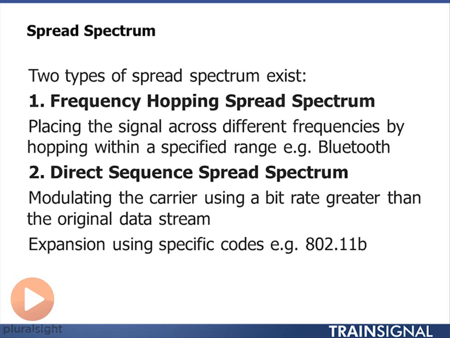Now, it's important to know that 802.11b uses direct sequence spread spectrum, but it is the older technology. And it was great, but now we're moving to OFDM.